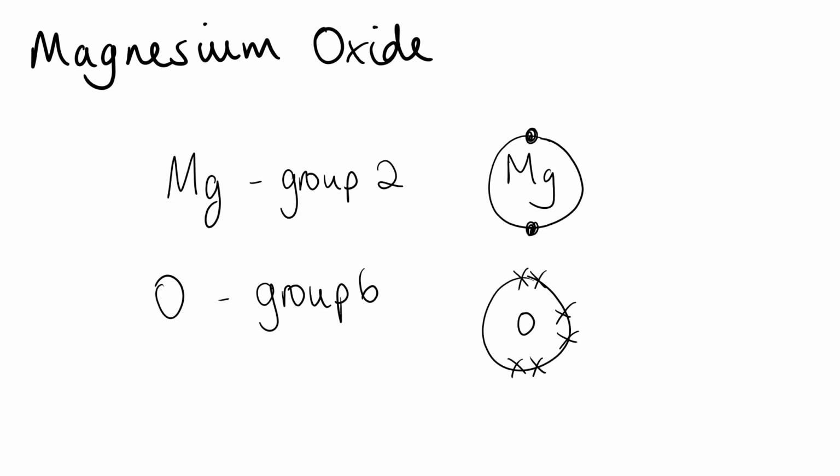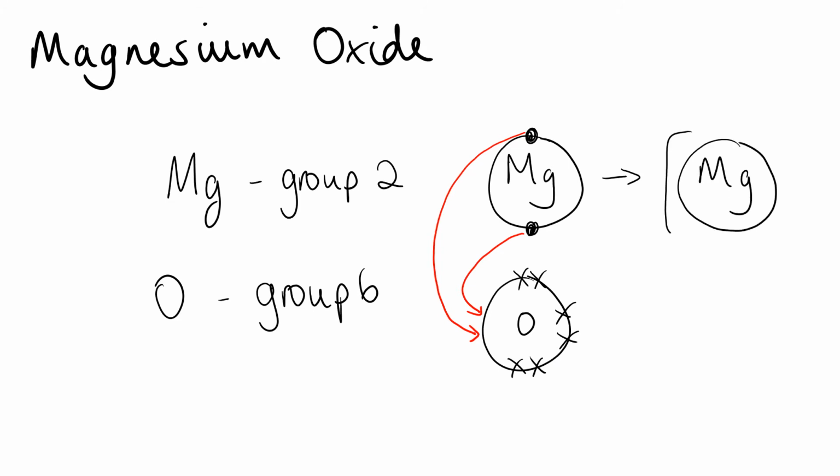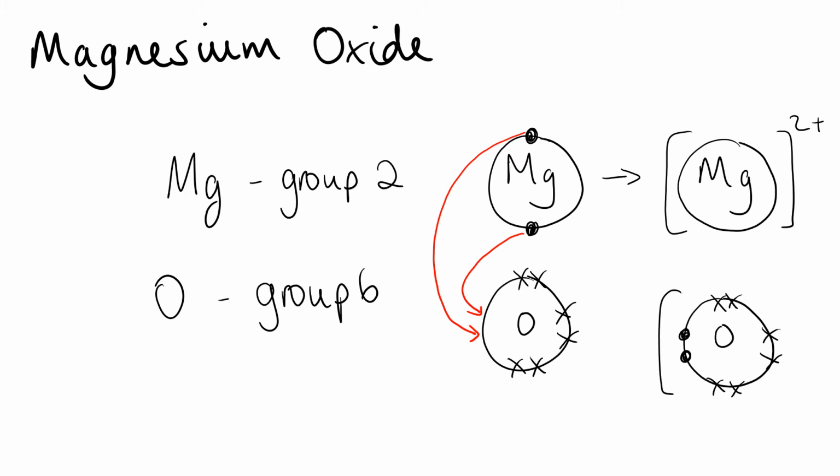So what happens in this case is that the magnesium gives both of its electrons to the oxygen. This forms a magnesium 2+ ion, and it's a 2+ as it's given away 2 negative electrons, and we get the oxide ion that has gained the 2 electrons from magnesium and therefore is a 2- ion.